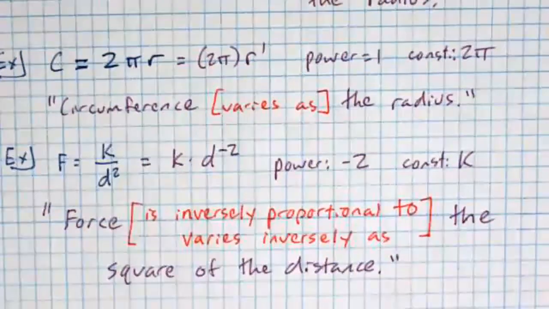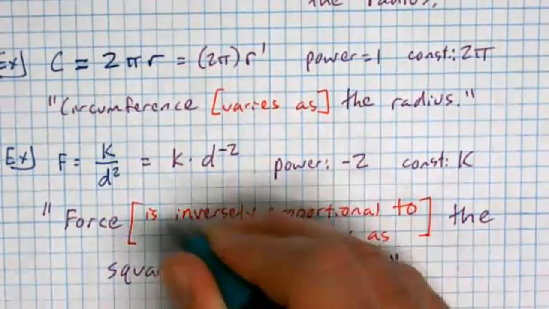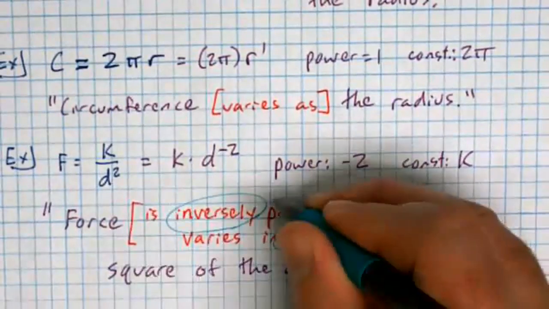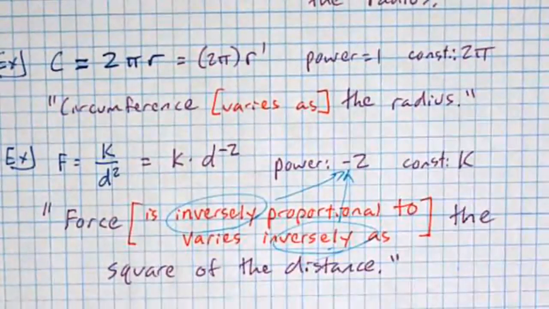So even though my power is -2, I'm still talking about the square of the distance. The thing that in words links it to the negative power is this word inversely. We throw that in there anytime we have a negative power.